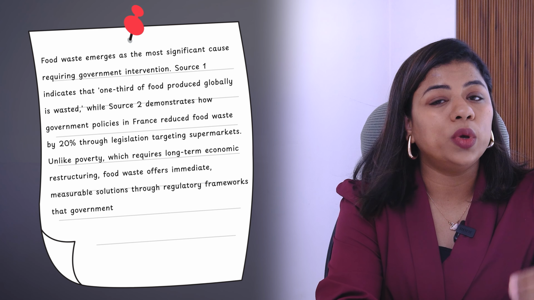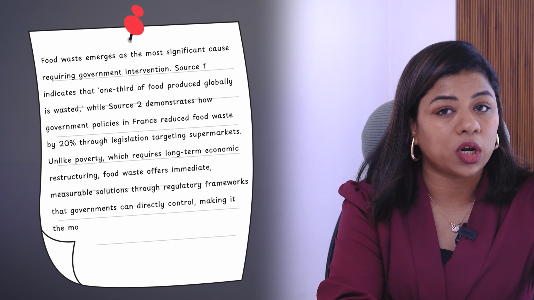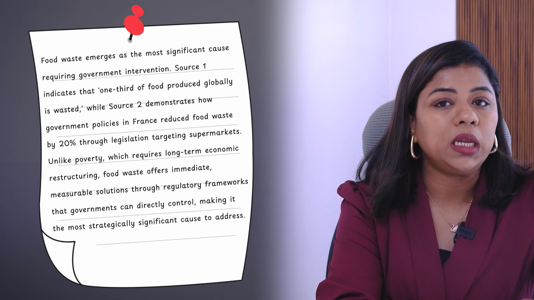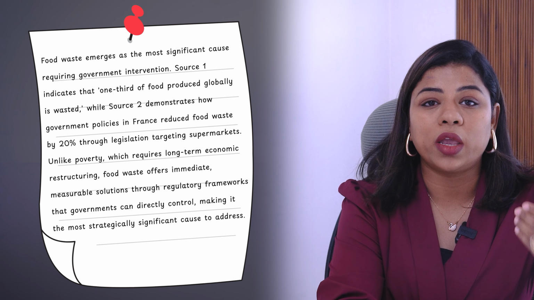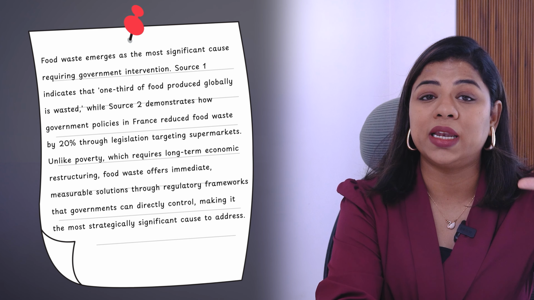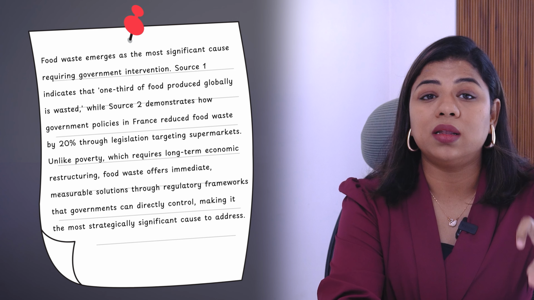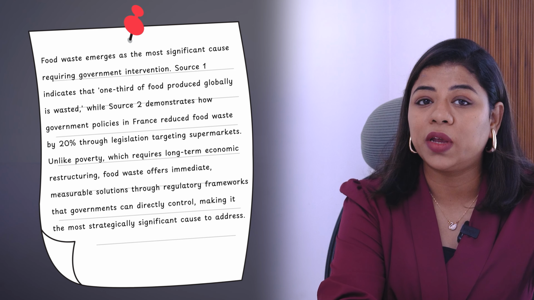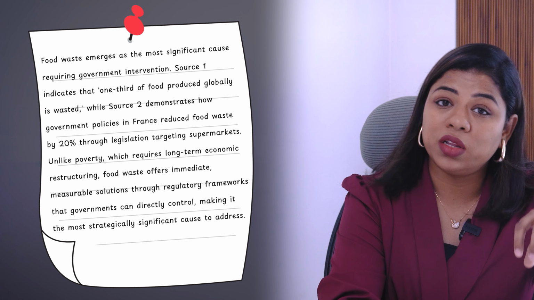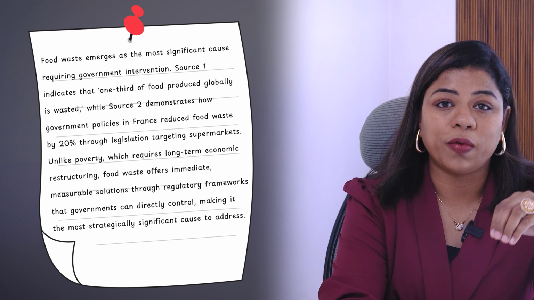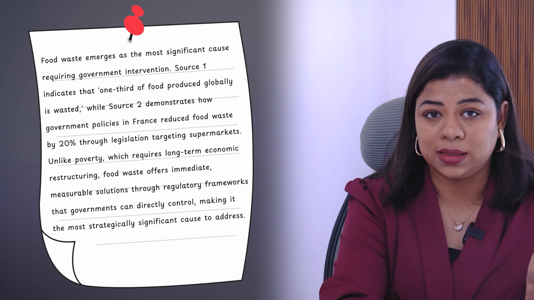Unlike poverty, which requires long-term economic restructuring, food waste offers immediate measurable solutions through regulatory frameworks that governments can directly control, making it the most strategically significant cause to address. The result was 8 out of 8 marks in our test series.